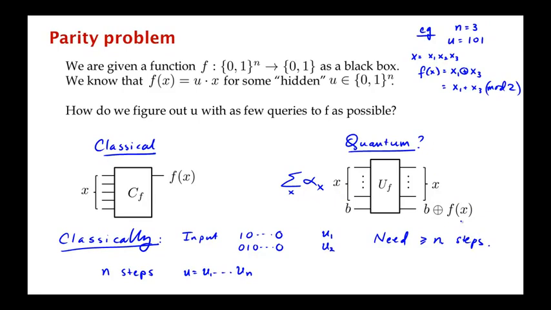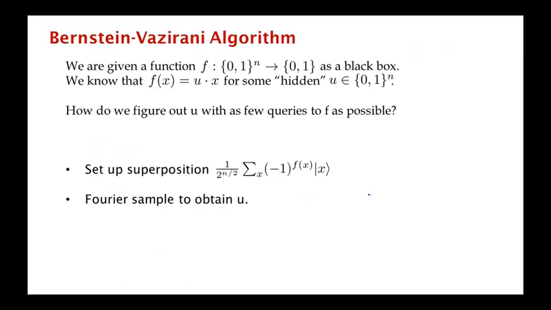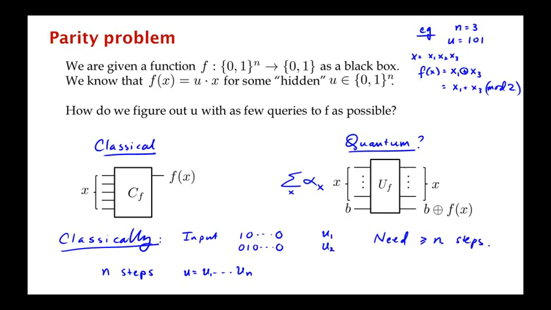Okay, so can we reconstruct u using fewer queries to f of x? We needed n such queries in the classical case. Can we do it in fewer queries? And it turns out the answer is yes. There's an algorithm that does this using as few as 1 query to this circuit for computing f in the quantum case.